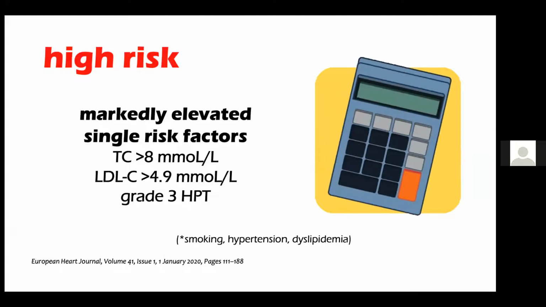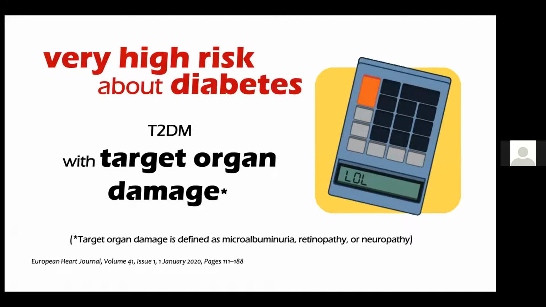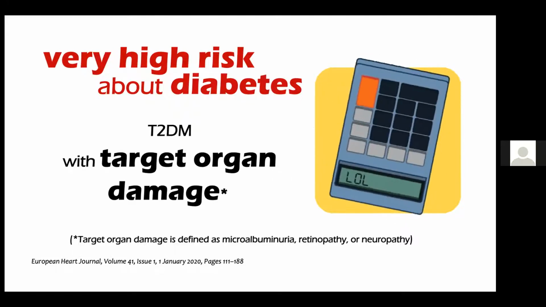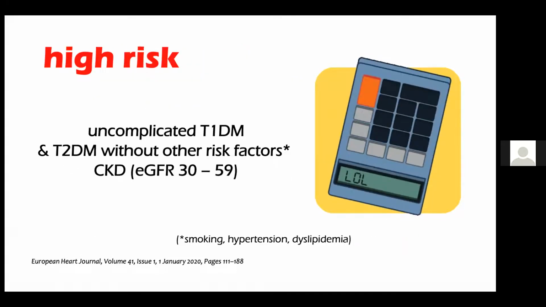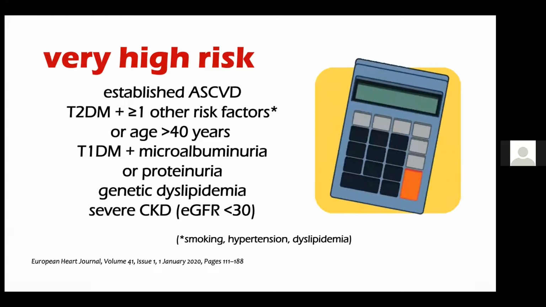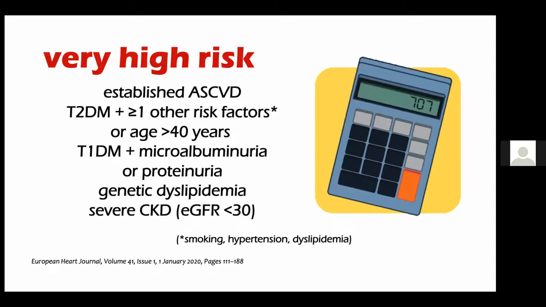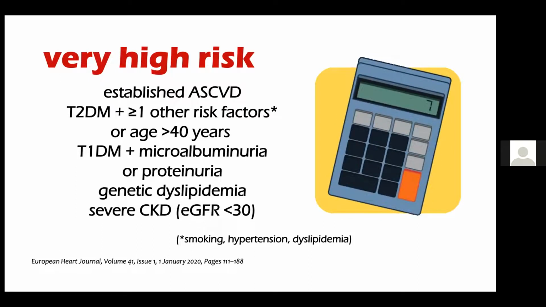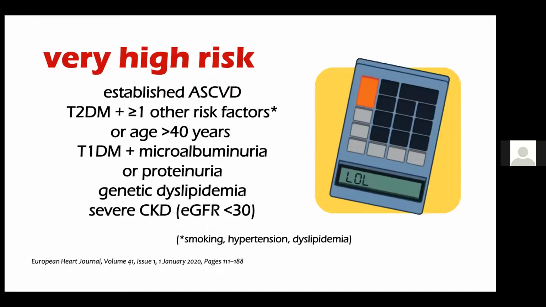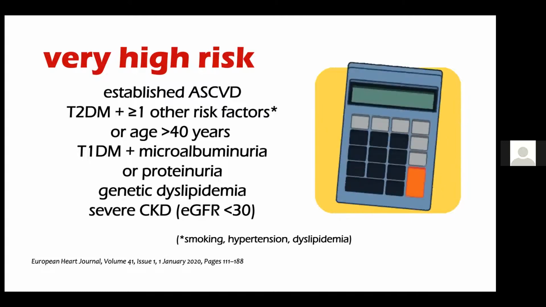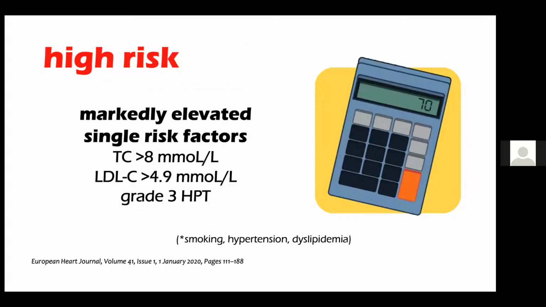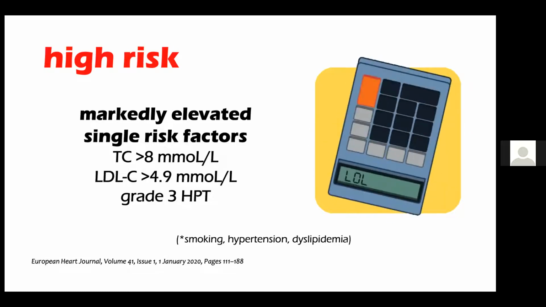So again, when you go to the current international recommendation and compare with what the South African document highlights, you see they're talking only about risk factors, but they don't really account for target organ damage.